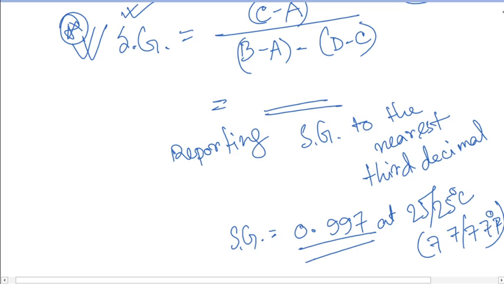That is how you report the value of this experiment.